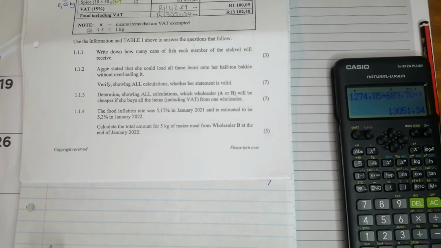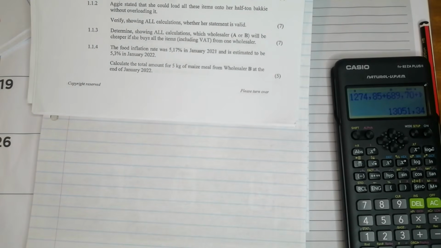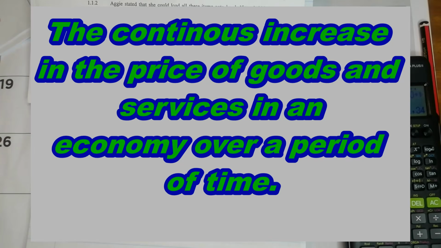So let's first give a definition of what inflation is, guys, right? Inflation is the continuous increase in the price of goods and services in an economy over a period of time.